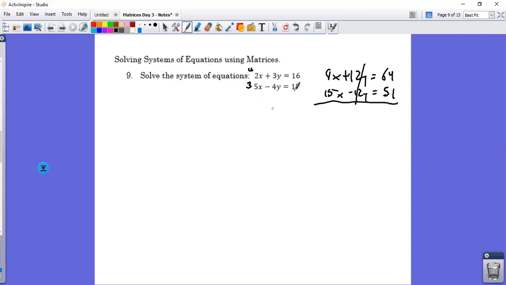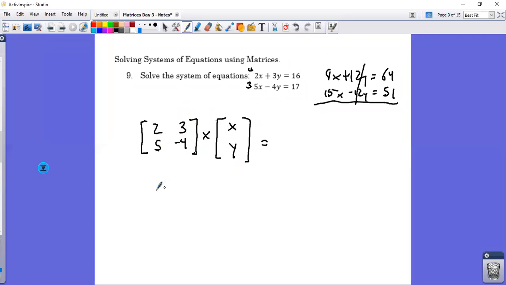Well, if you use matrices, we can represent this equation as a 2 by 2 matrix, which is your coefficient matrix. So 2, 3, 5, -4 times x, y. Like a quiz question, remember it's first row times first column.